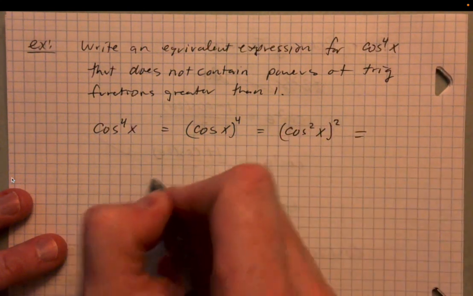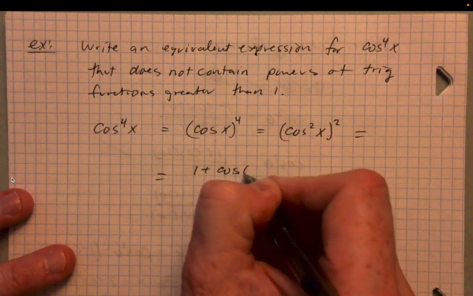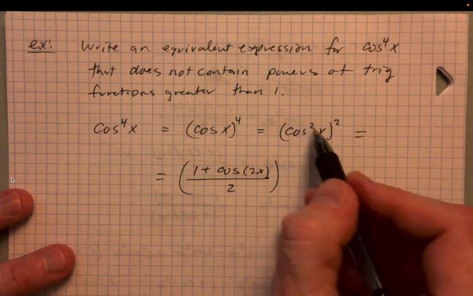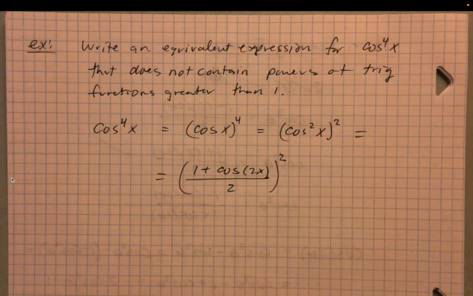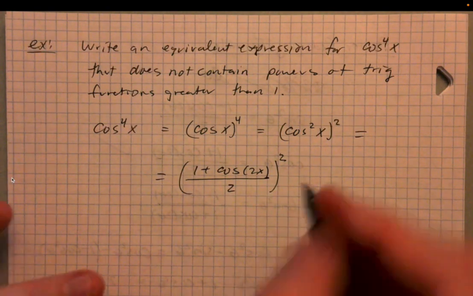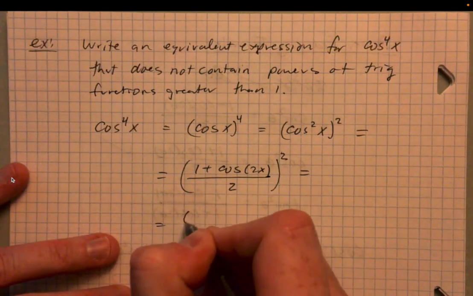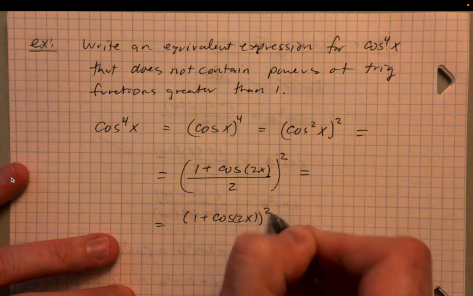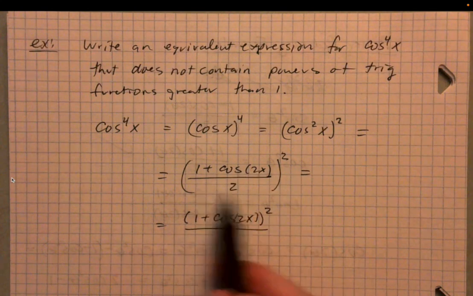And so this is equal to 1 plus cosine of 2x over 2, right? That's what the cos squared x is. And so that all is squared like this. Okay. All right. And so then really what we have here is 1 plus cos 2x squared all over 4, right? We have to square the top and the bottom.